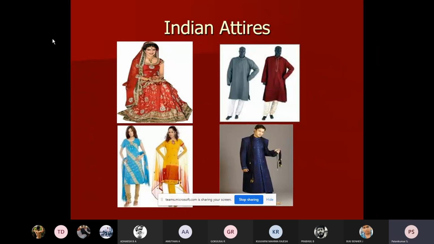Their culture may be different, their food habits slightly different. Region to region, state to state, it completely changes: attire, culture, the way they eat, the way they speak, food habits, everything.